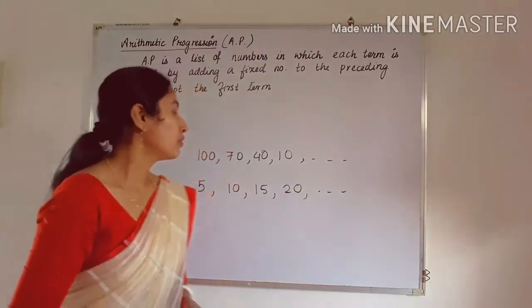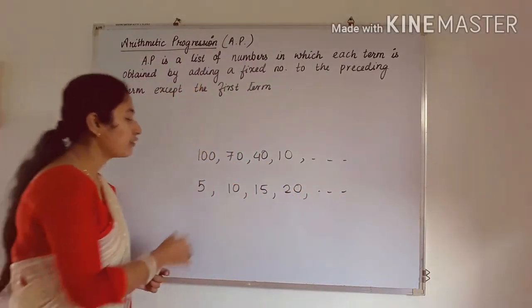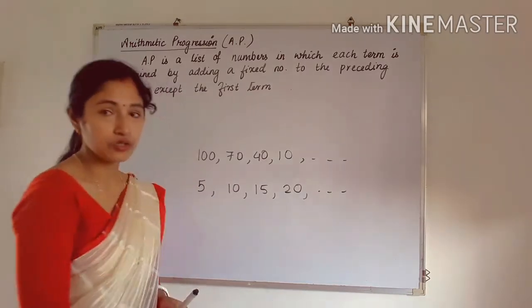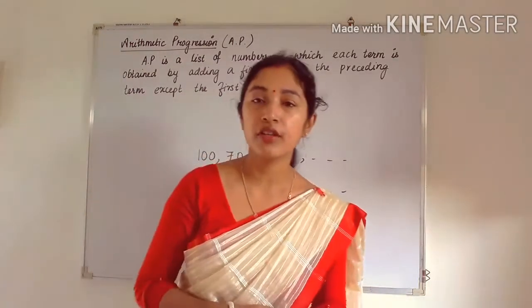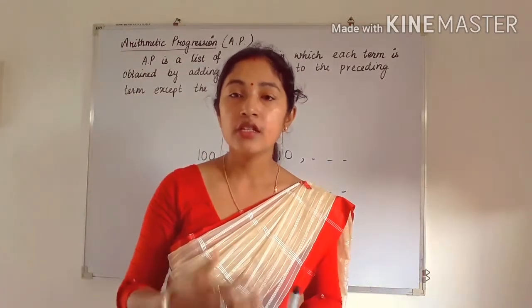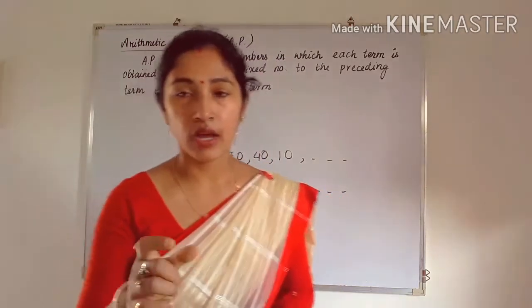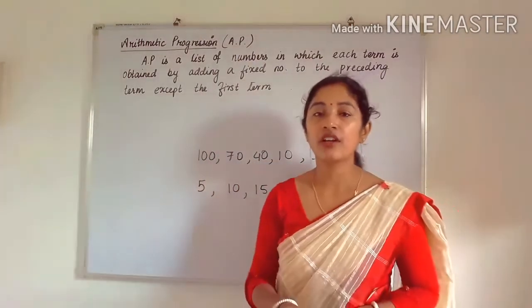The fixed number which we are adding is called the common difference. Why is it called common difference? Common means same. It is fixed, that is why it is called common. And why is it called difference?